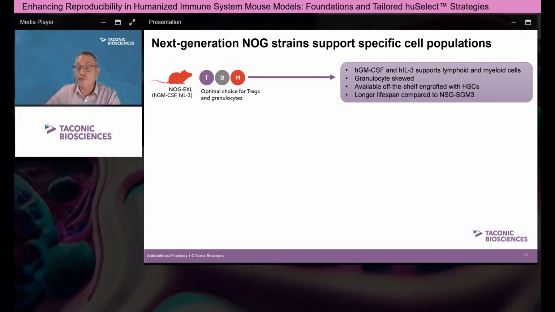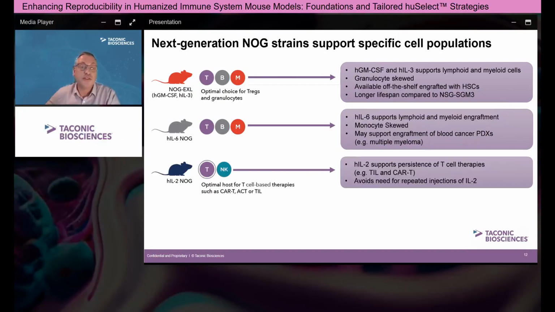We produce these off the shelf. We generally have a large live inventory of these pre-engrafted that are ready for study use. Compared to other models out there, these tend to have a longer lifespan, but they will tend to develop complications over time due to the presence of human phagocytes.